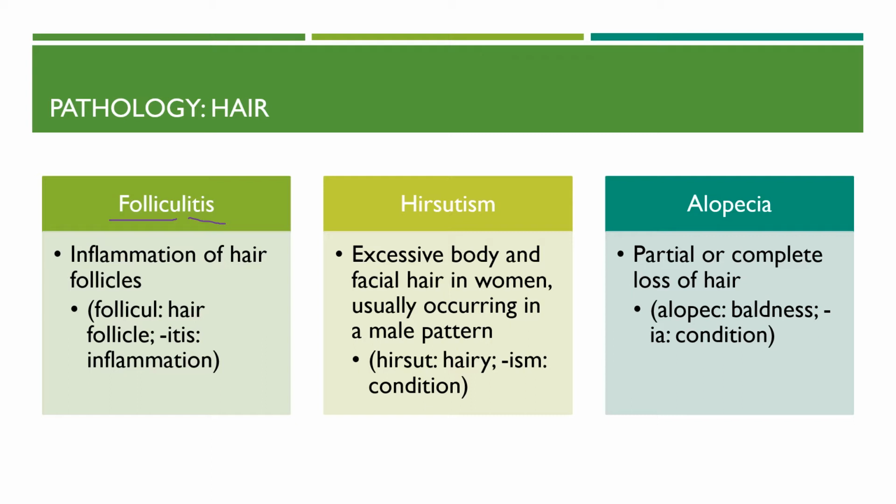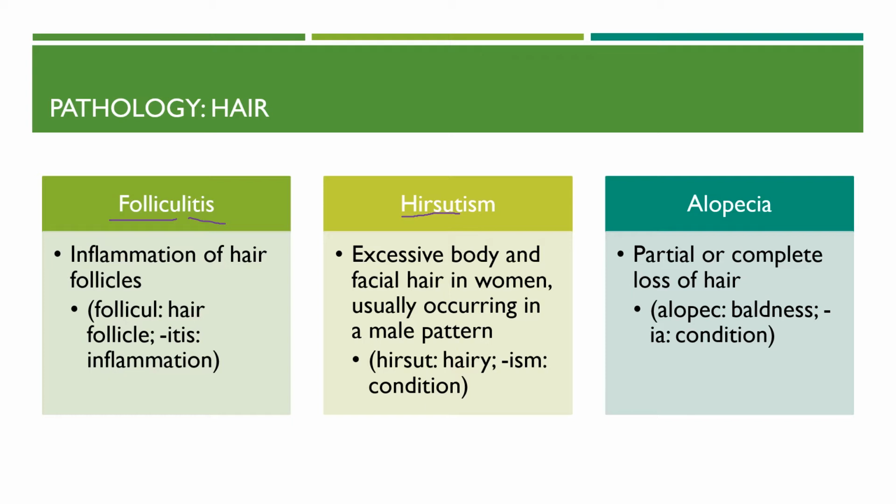Another disorder of the skin is hirsutism. Hirsute refers to hair or being hairy. Ism is that condition. This is excessive hair, in fact, excessive body hair. In women particularly, you would see beards, you would see the hairy backs and things like that that you see in men.